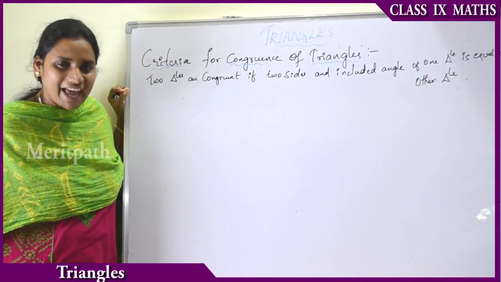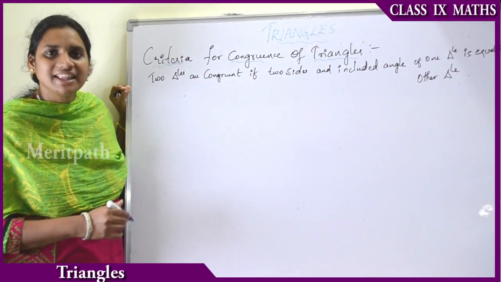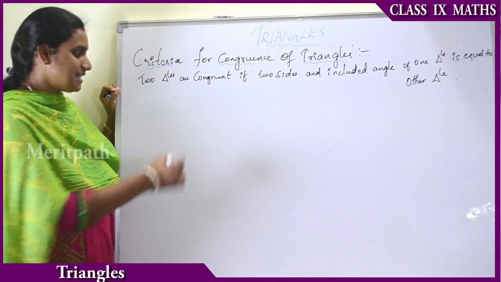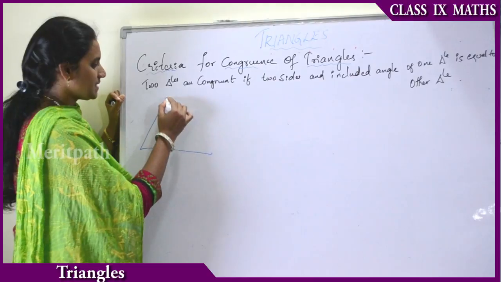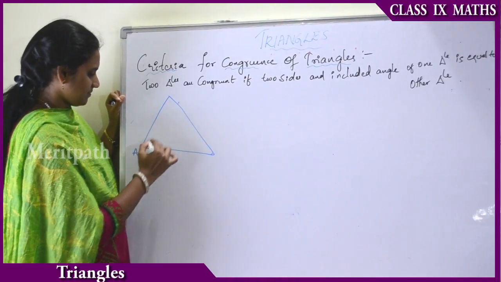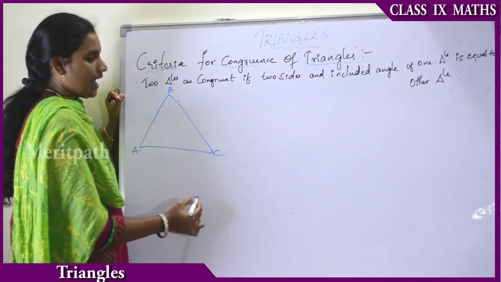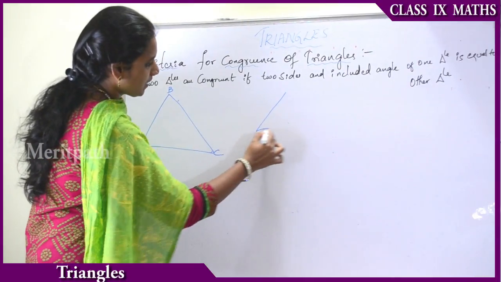Let us take two triangles having one side of equal size. That is, take a triangle ABC and a triangle PQR.